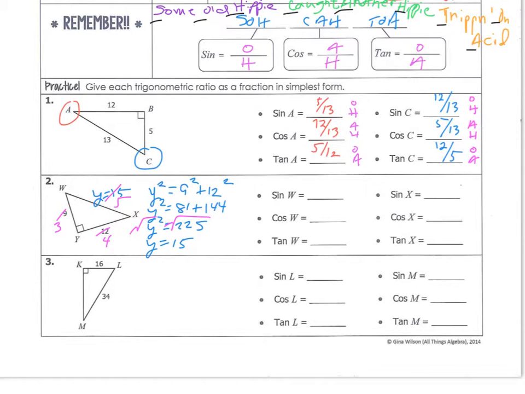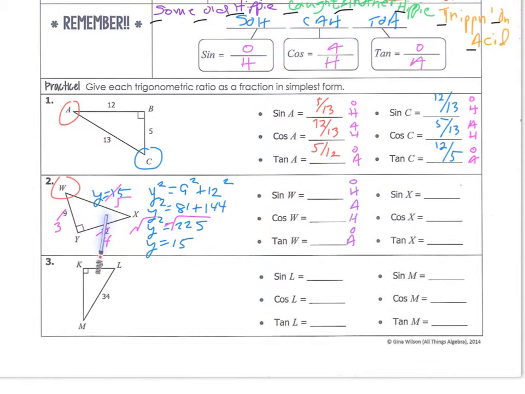When we find the sine, cosine, and tangent of w, for instance, you can do it one of two ways. So I know that I like to put in my some old hippie caught another hippie tripping on acid. I told you I'd say it a million times. When I look at my sine, leg opposite is, the original one was 12, right?